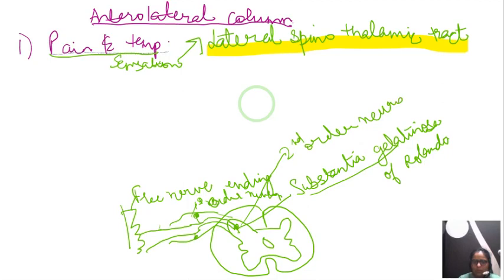Can you find the difference between the dorsal column tract and the lateral spinothalamic tract? The first order neuron forms in the dorsal root ganglion. This is your dorsal root ganglion. It goes to the dorsal gray horn, where it synapses with the substantia gelatinosa nucleus and forms a second order neuron. And what it does, it crosses to the opposite side, to the anterior column.